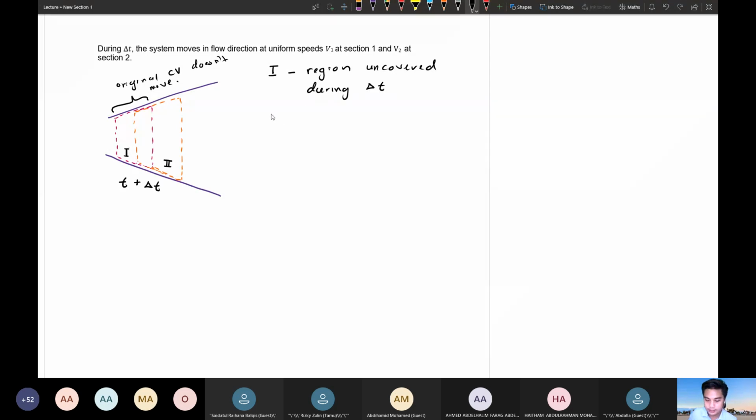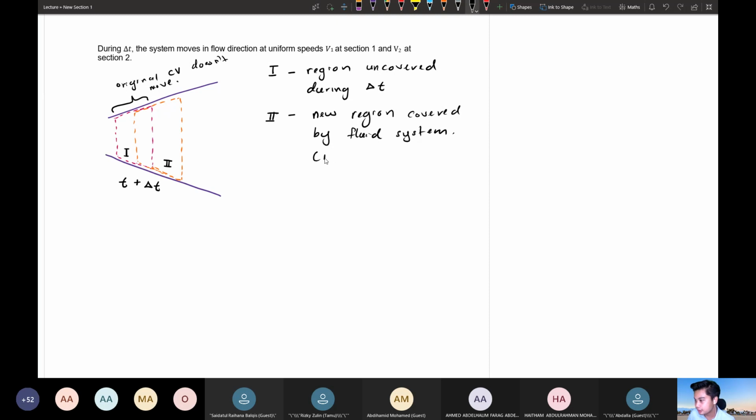Okay, and however for region 2, a new region. Can you see the new region? This is the region, only this region. Okay, new region, covered by the fluid system.